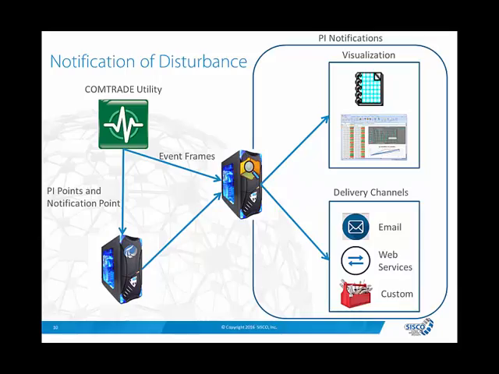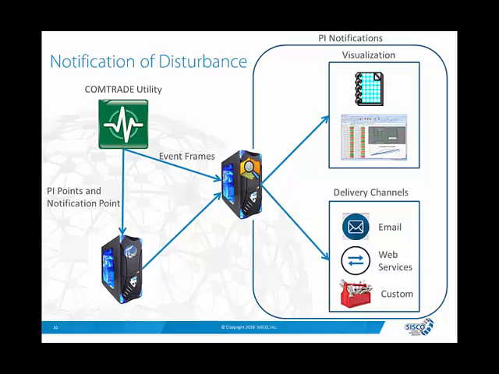When the COMTRADE utility detects and processes a disturbance file, it does two things besides decomposing and putting the data into PI tags. It creates an event frame where the actual raw file is stored, and it creates the ability to trigger PI notifications.